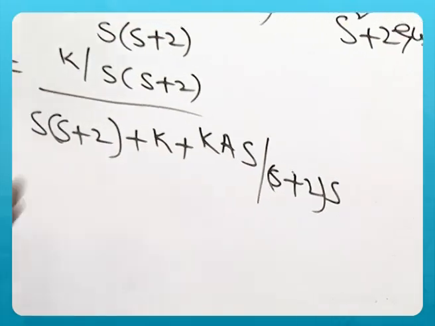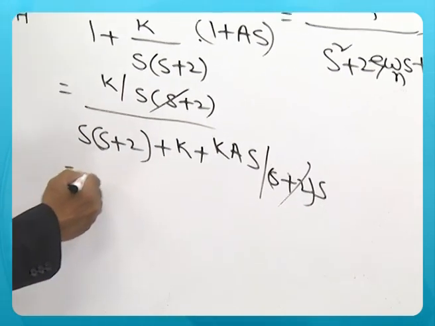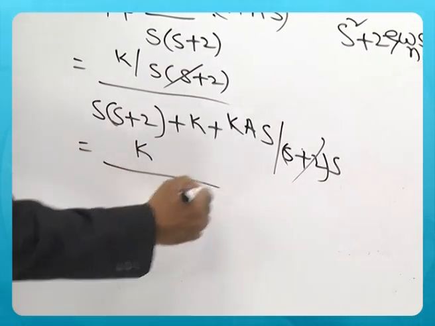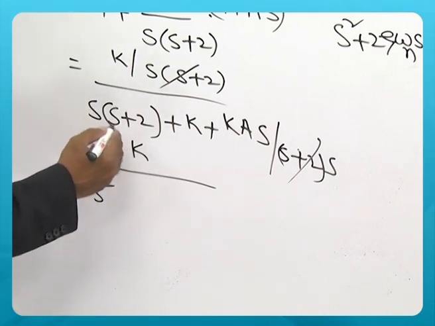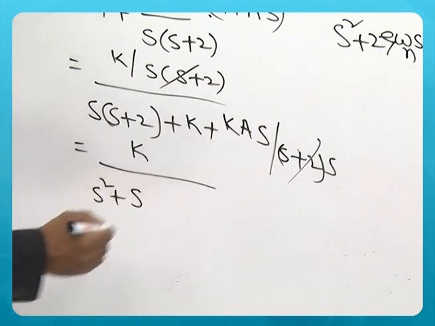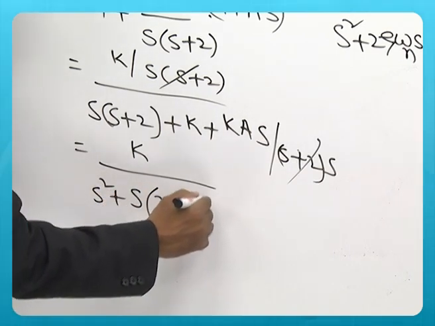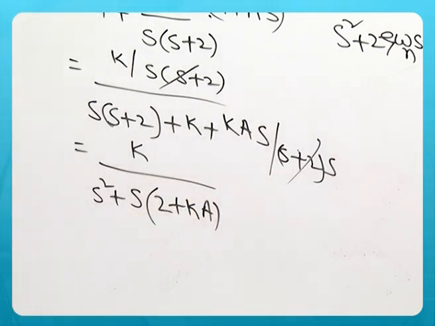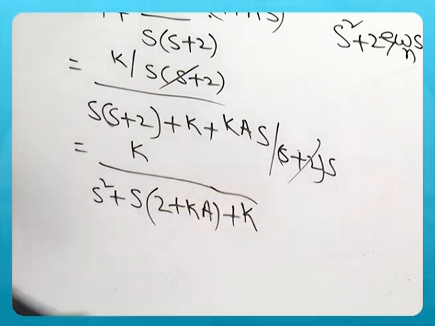Now, this one and this one gets cancelled. So, this will be k by s square plus 2s plus kas. So, s can be common, that 2 plus ka, the coefficients of s, and then there is a constant k.